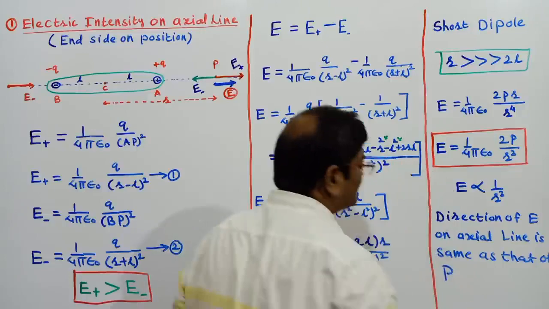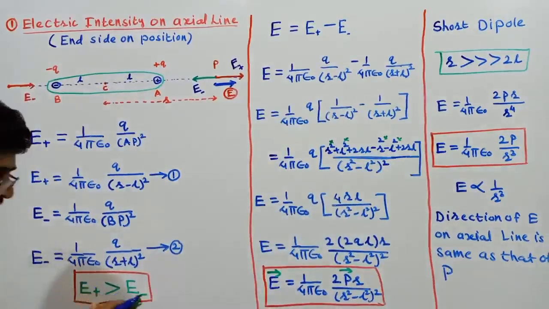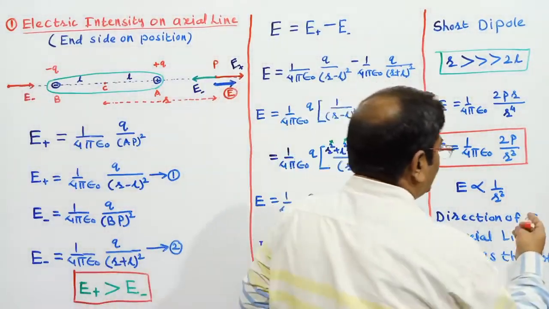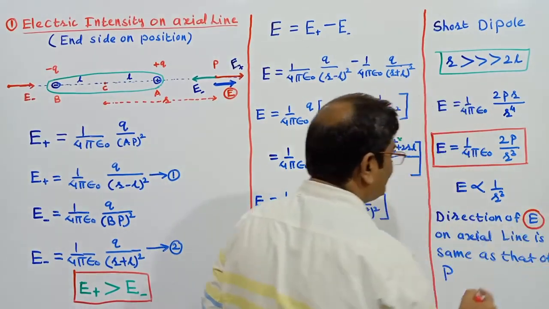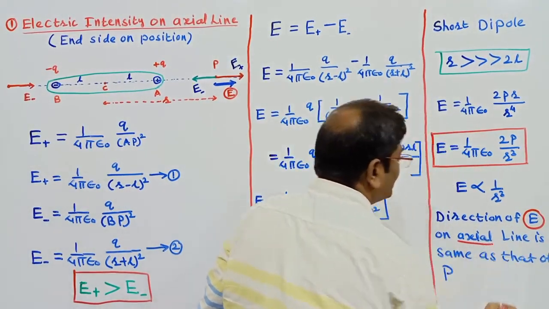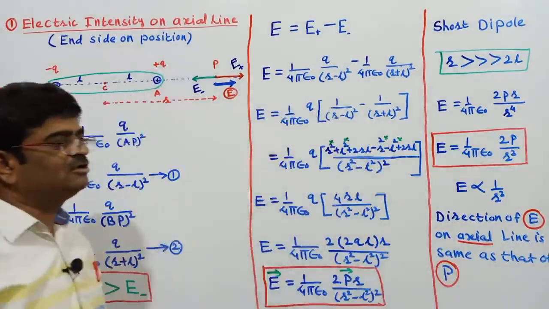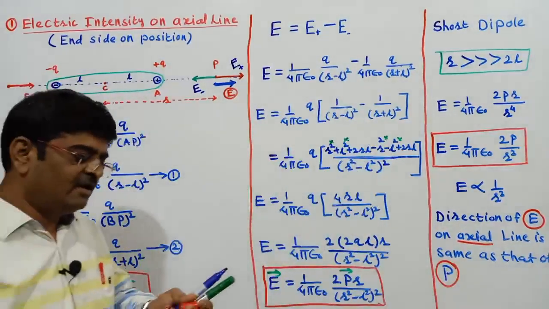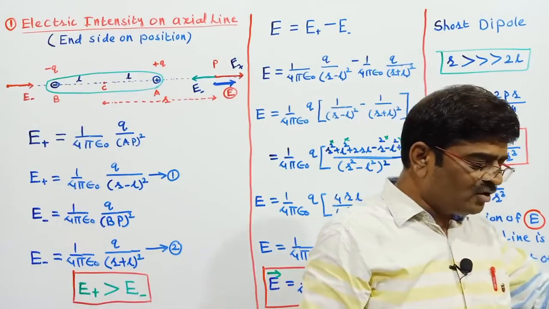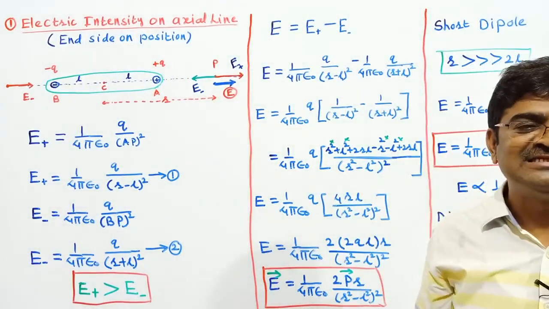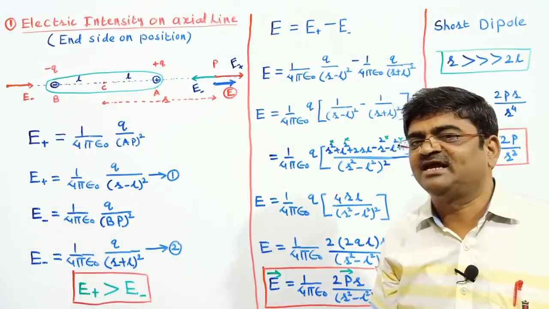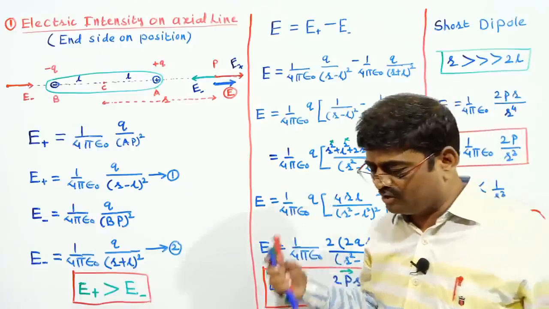So direction of electric intensity on axial line is the same as the direction of dipole moment. This is all about electric intensity on axial line of the dipole. Make a note of this.